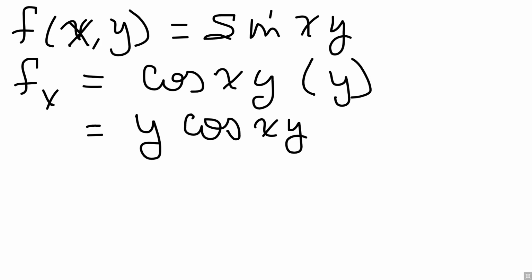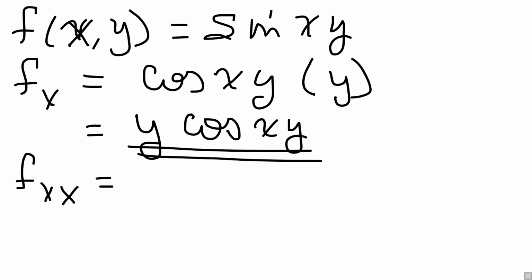Okay. So next, let's find the second order partial with respect to x. So we're going to take the derivative of this with respect to x. Now, let's remember that y is what? A constant. So if we take the derivative of this, we're going to have y times the derivative of cosine, which is negative sine.